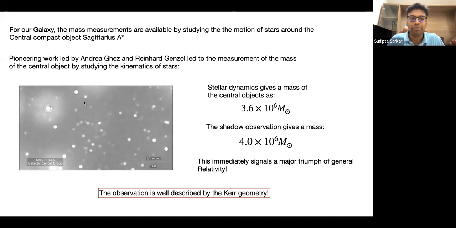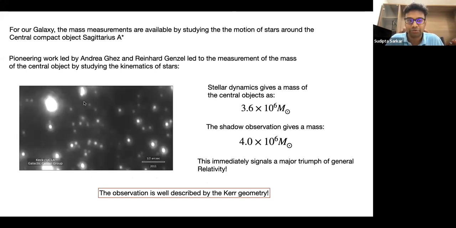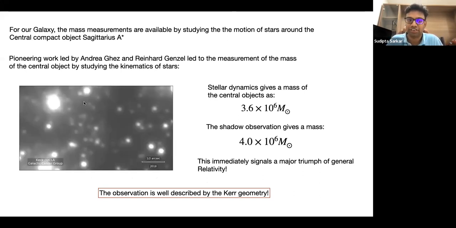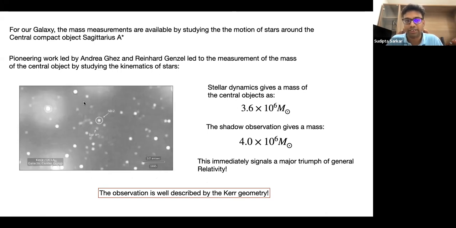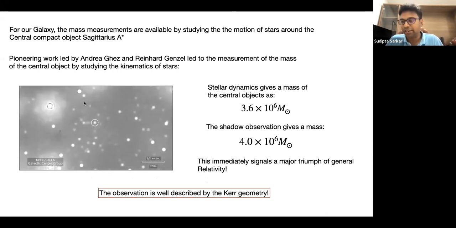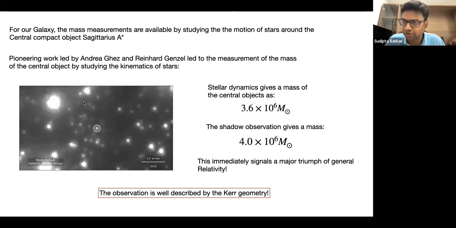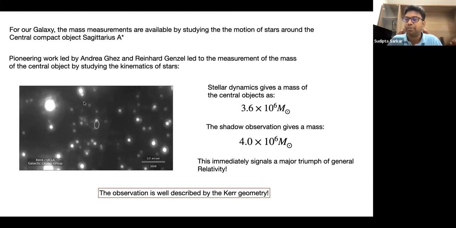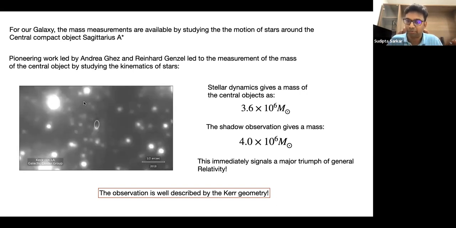For example, astronomers have been looking at the motion of the stars around the central object, for instance the particular star S01 and S03 and other stars also. These motions have been observed for many years, and assuming a Keplerian orbit you can estimate the central mass. This stellar dynamics gives a mass of roughly 10 to the power 6 solar mass for our galaxy.